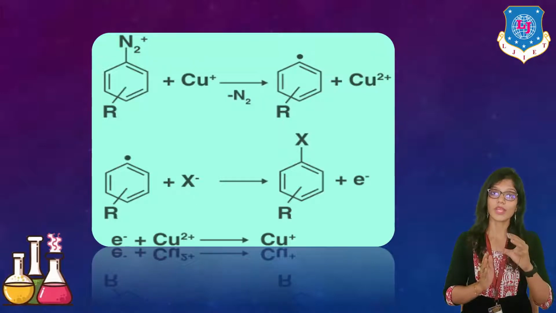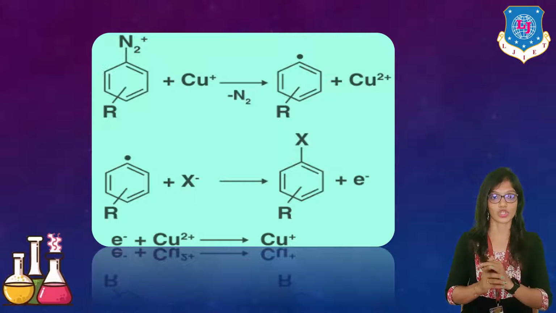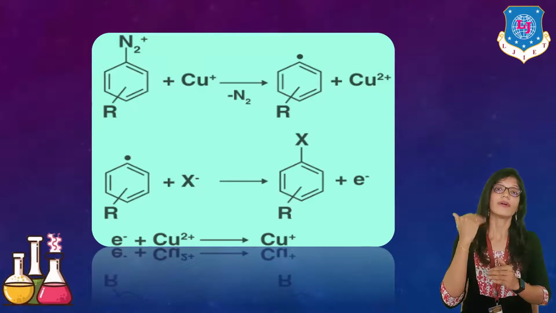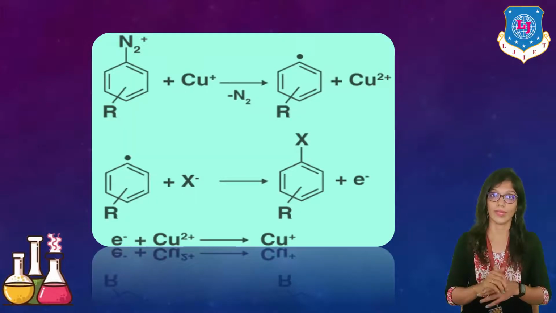Now this particular structure that we obtain, a free radical aromatic ring structure, again reacts with a halide group. Okay, understand it very clearly. So it reacts with X minus, and that X group will substitute your free radical and will join at the position where earlier the diazonium group was.